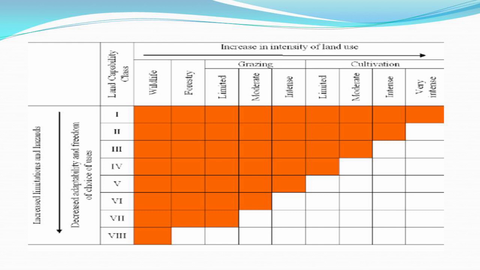It can be used for cultivation, whether it is limited, moderate, intense, or very intense. Means everything can be used for class 1. Similarly, as we go down, you will see the limitations are increasing. So how this has been classified, we will see in our next video.